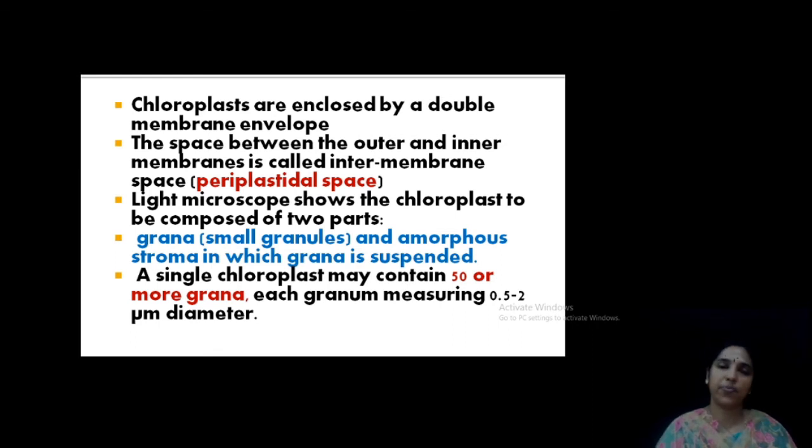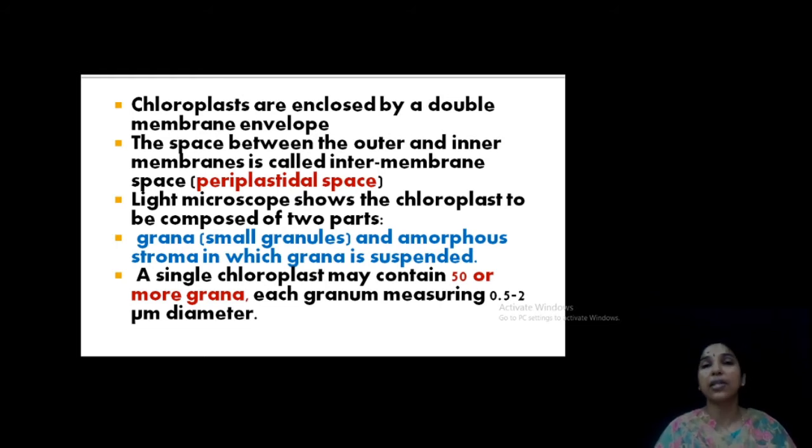During photosynthesis, there are two important events taking place. One is the light reaction, another is the dark reaction. What is the light reaction? The solar energy trapped by these pigments is stored in the form of chemical energy like ATP, NADPH, etc. Then this chemical energy is used to convert or fix carbon dioxide into glucose.